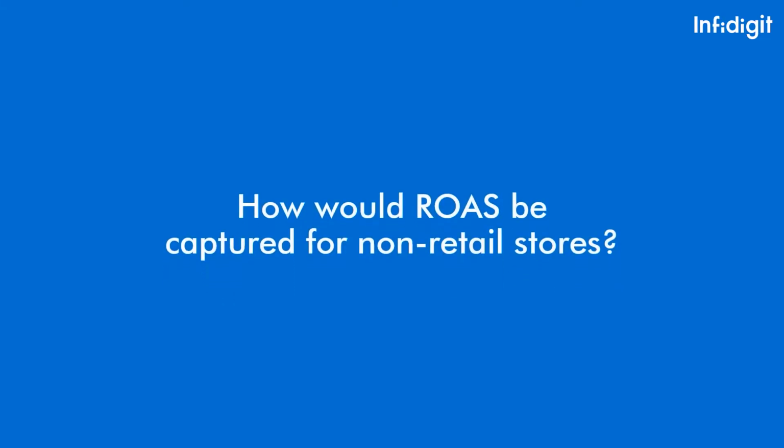I understood that for online stores, this would be easy since revenue is a part of the transaction. How would ROAS be captured for non-retail businesses like insurance or service industries, where the revenue cannot be directly attributed to the online medium? What could be done? Marketers can still work out the cost per lead, and based on that arrive at a ROAS.